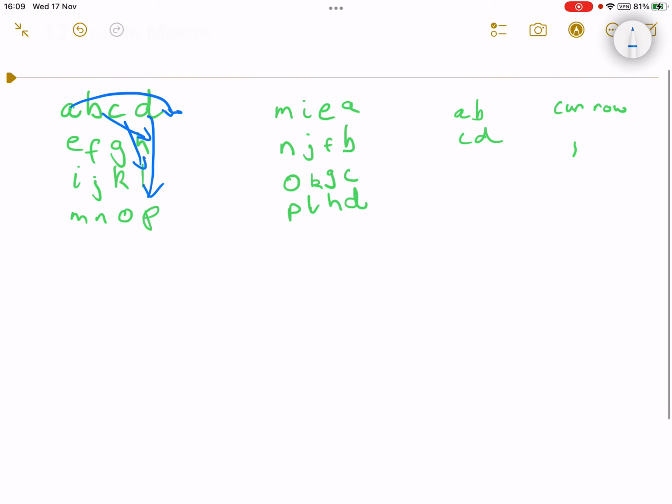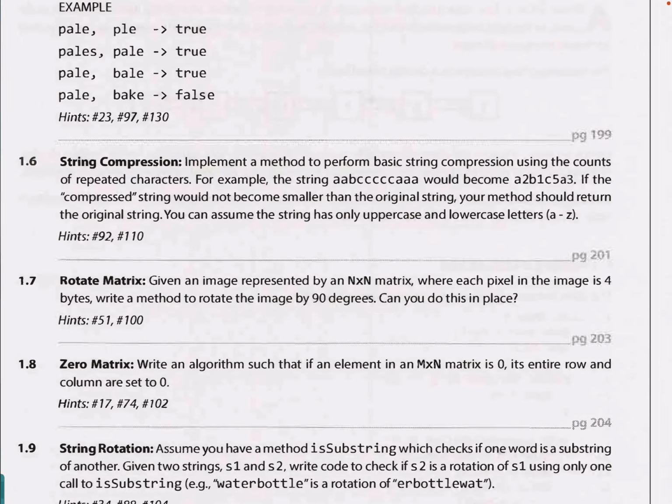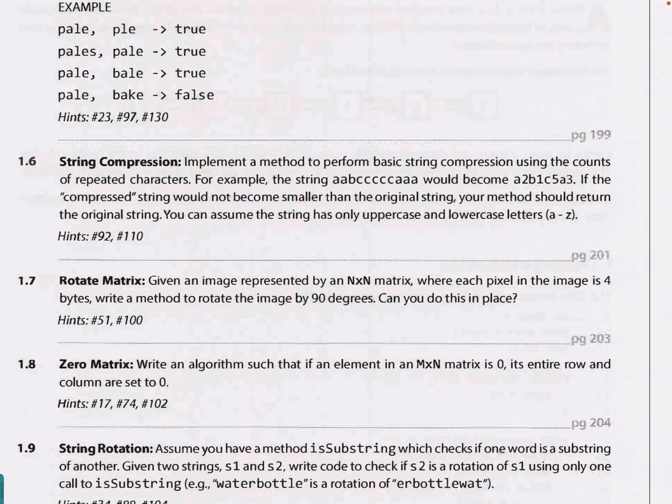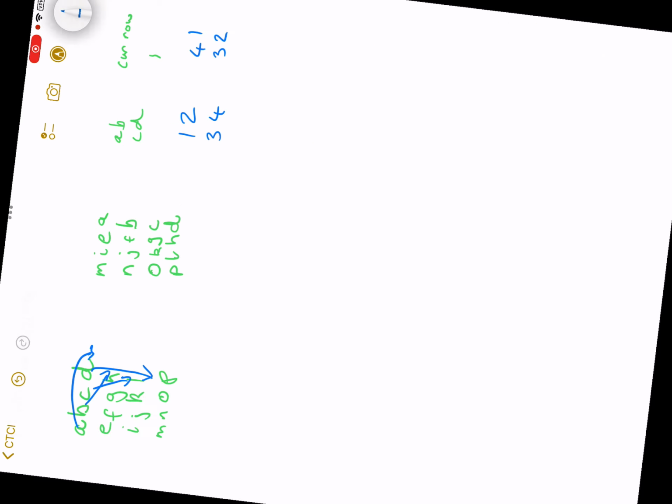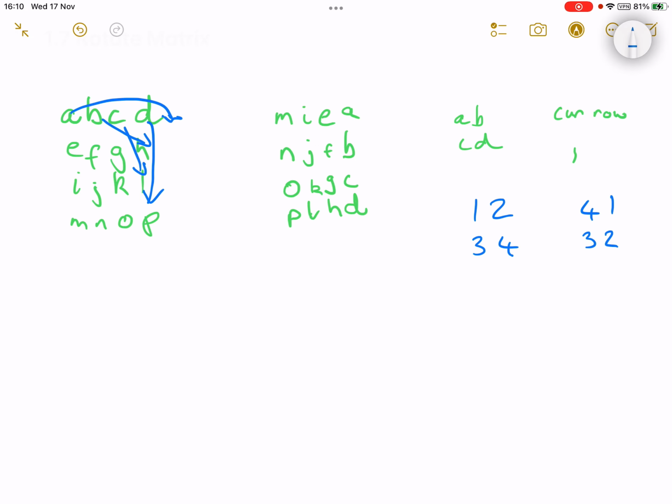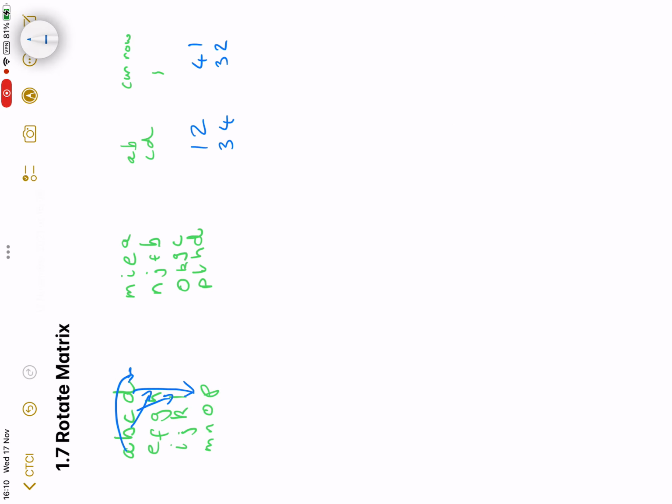So let me try and solve a simpler one. Let's do 1, 2, 3, 4. If I was to rotate that 90 degrees. Oh yeah, that is 90 degrees. I can't really rotate my iPad to see. Actually, I can rotate my iPad.